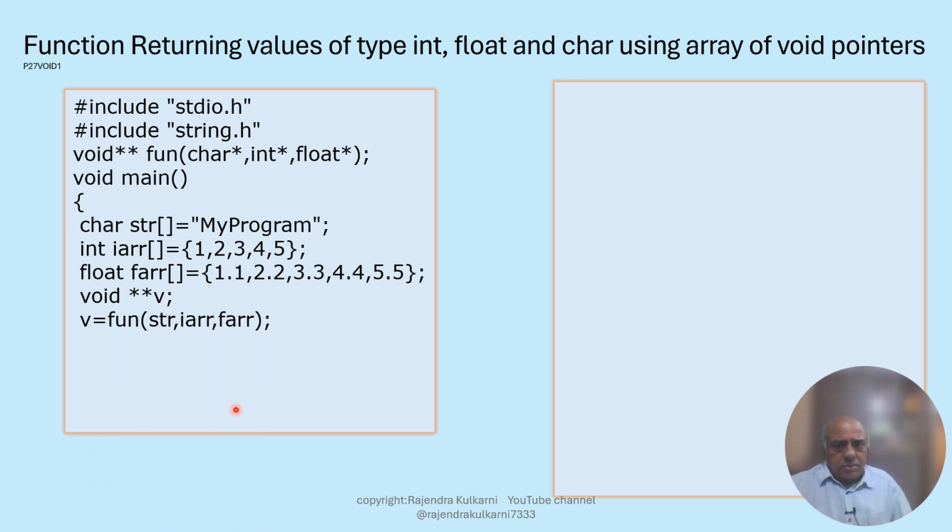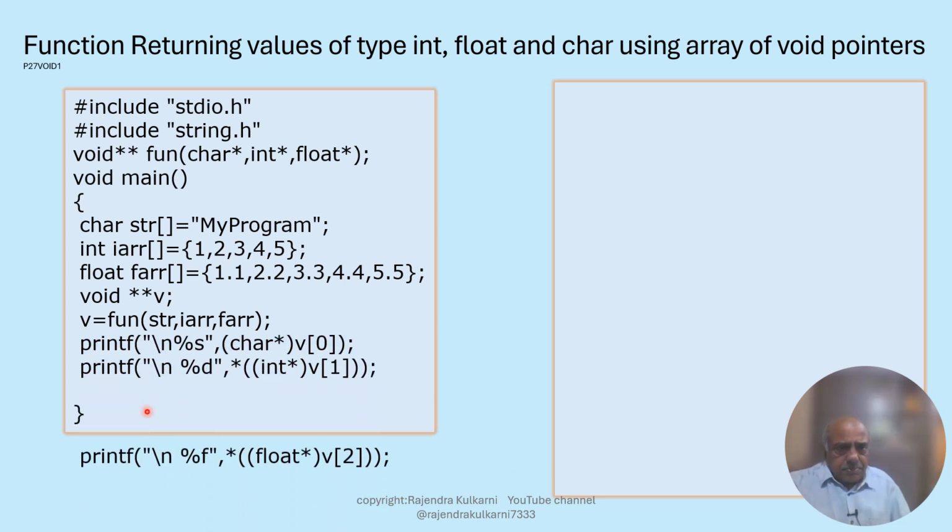Then we call the function v = fun(str, IARR, FARR). So effectively we are passing the addresses of these 3 arrays to the function, and v will be collecting the pointer to a pointer returned by the function fun.